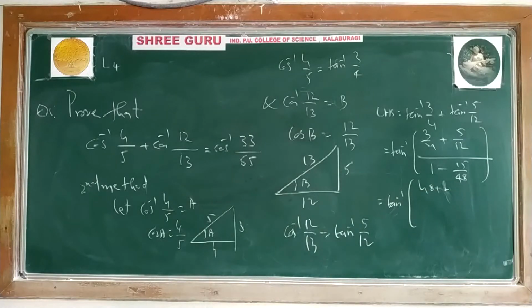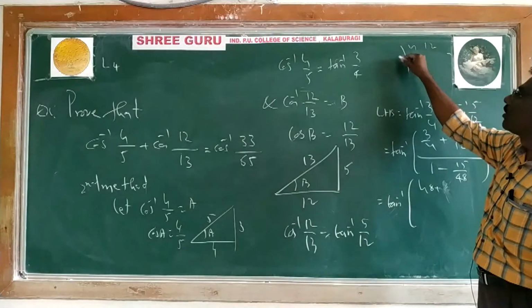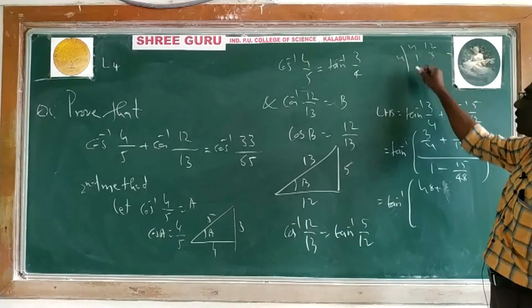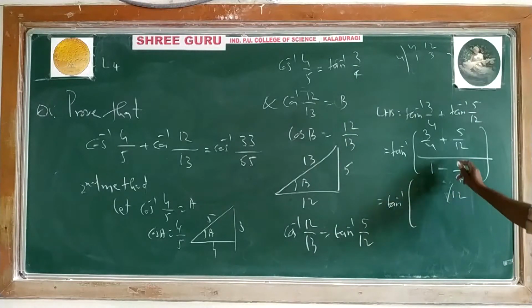What is the LCM? The LCM is 12; 12 divided by 4 is 3, times 3 is 9, plus 5.